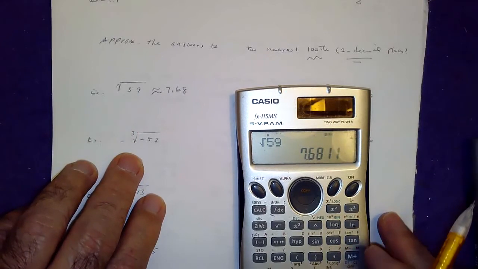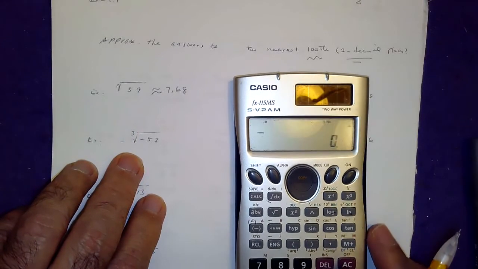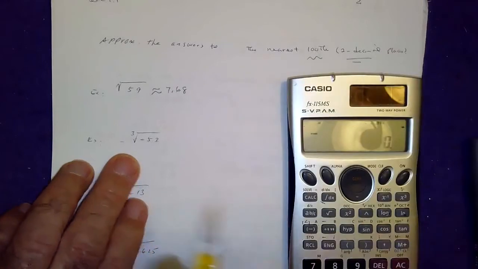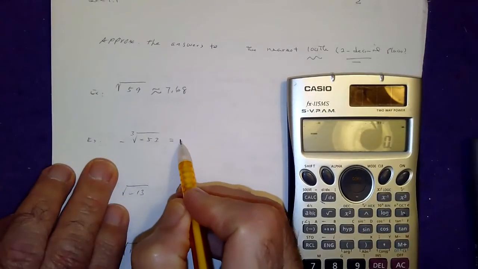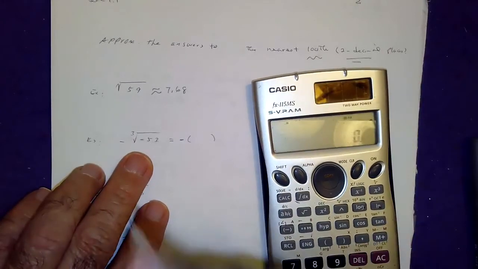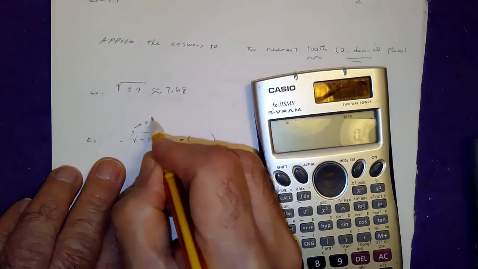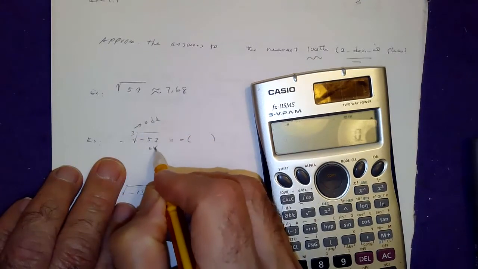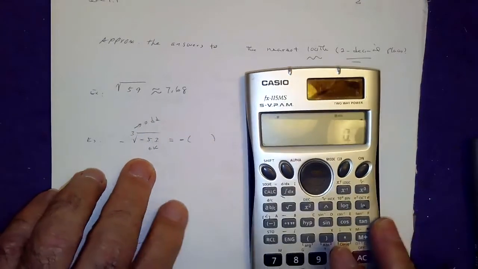What about this one? Well, that would be a negative. So this negative goes to the right. What is the cube root of negative 53? Remember, 3 is odd, so it's okay to have a negative under the radical.